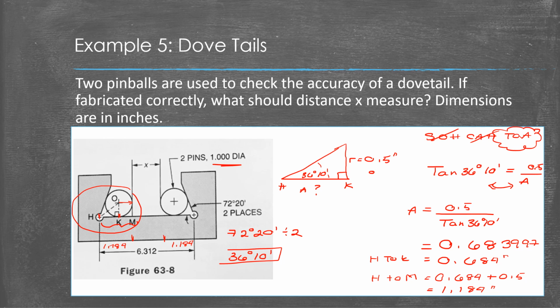To find x, it's going to be equal to 6.312 minus 2 times 1.184. As a final calculation, that should give us 3.944 inches.